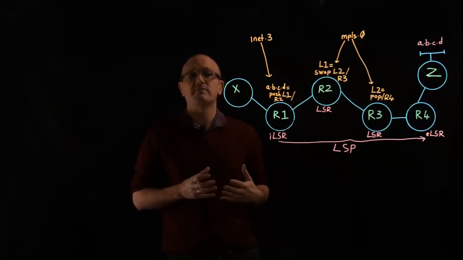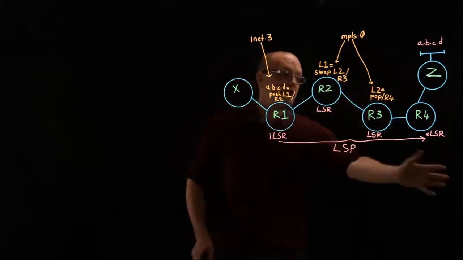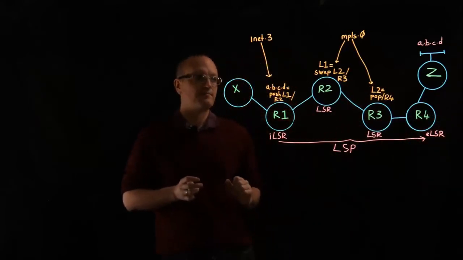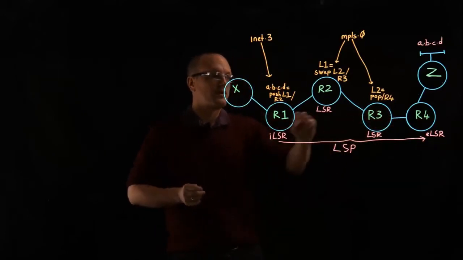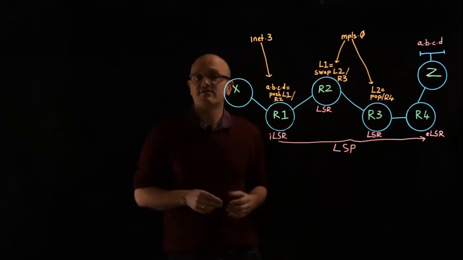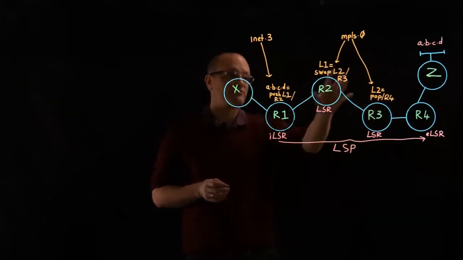What this means is that we're removing the outer label on the packet before sending it to the egress LSR. And this is exactly what this R3 router is doing. He's looking again in the MPLS.0 table for the label value L2 on the packet that he's received.